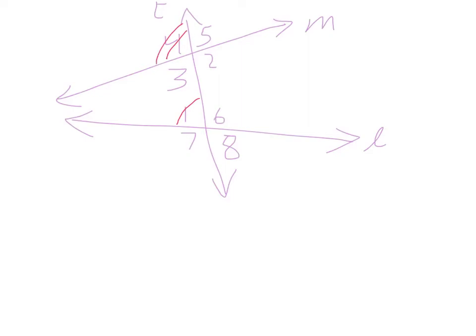You see in the upper group of 4 angles, 4 is the upper left angle, and down here with lines T and L intersection, angle 1 is in the upper left. Upper left, upper left. Angle 1 and angle 4 are corresponding angles.